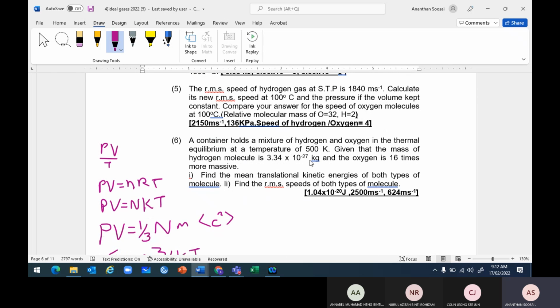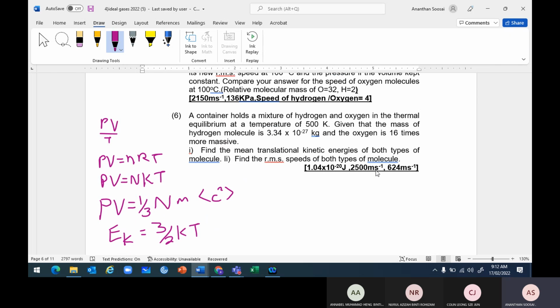Now can you find the kinetic energy? You get 1.04 times 10 to the power of negative 20.